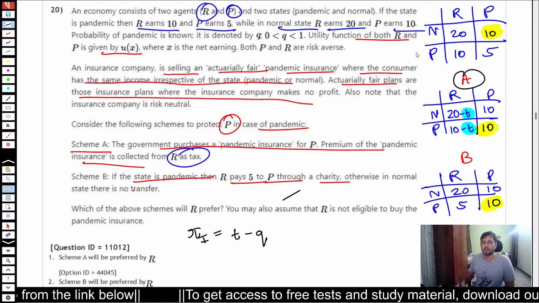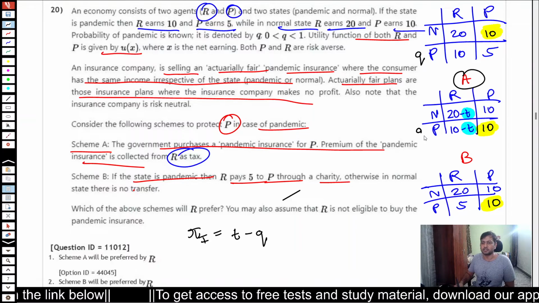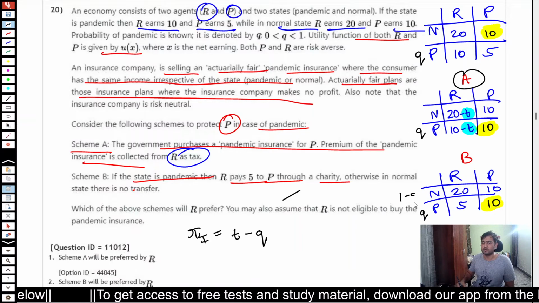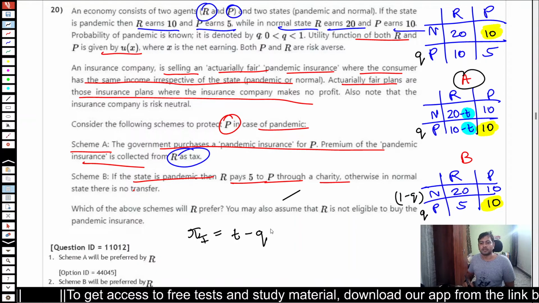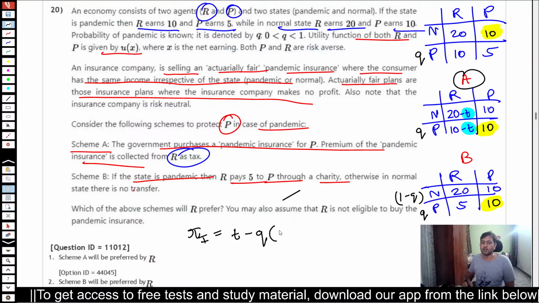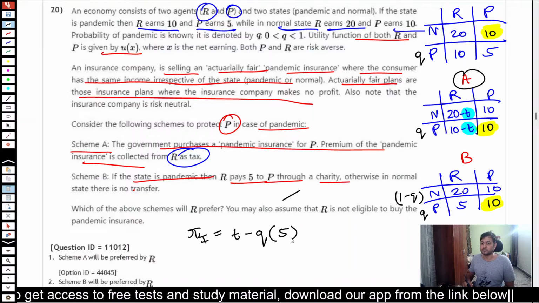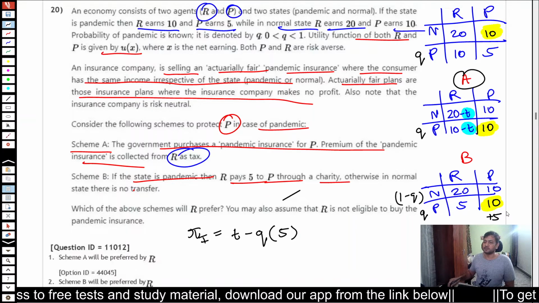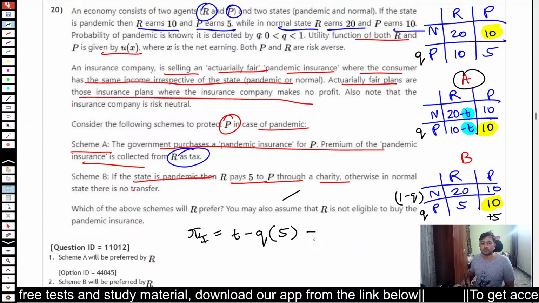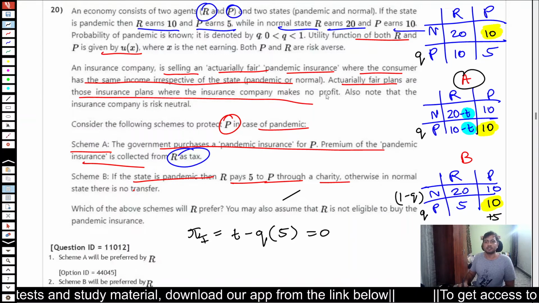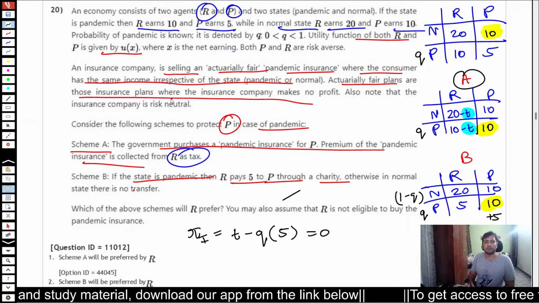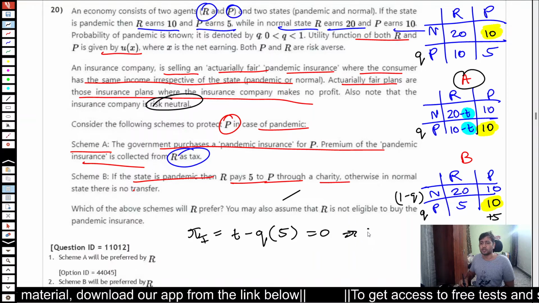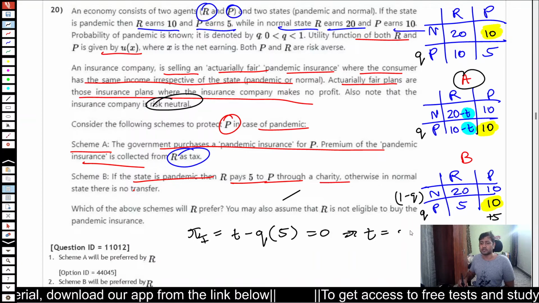By the way, the probability of pandemic hitting is always given to be Q, so the normal state's probability automatically becomes 1 minus Q. With probability Q, it has to pay out 5 rupees to the poor person. Since the insurance company is risk neutral, that is, it runs on a no profit, no loss situation, the tax amount is equal to 5Q.